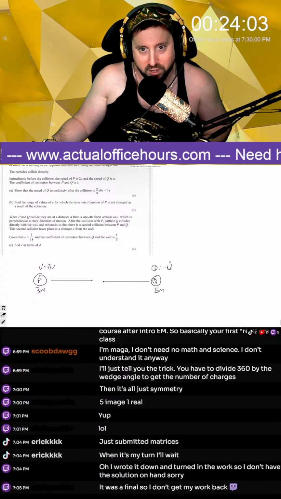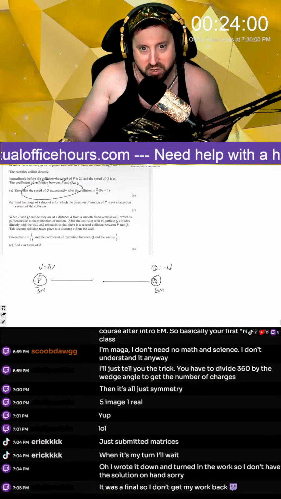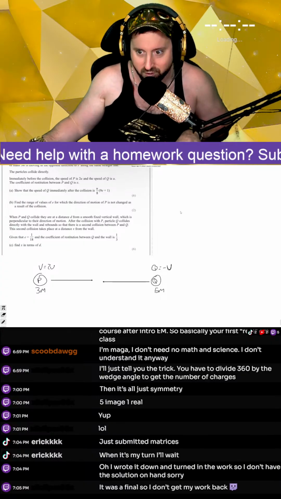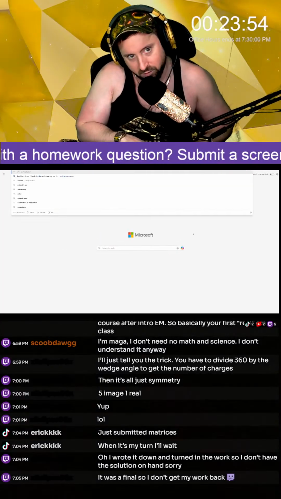The coefficient of restitution between P and Q is equal to E. Show that the speed of Q immediately after the collision is this. Okay, so I've got to remember what coefficient of restitution is.